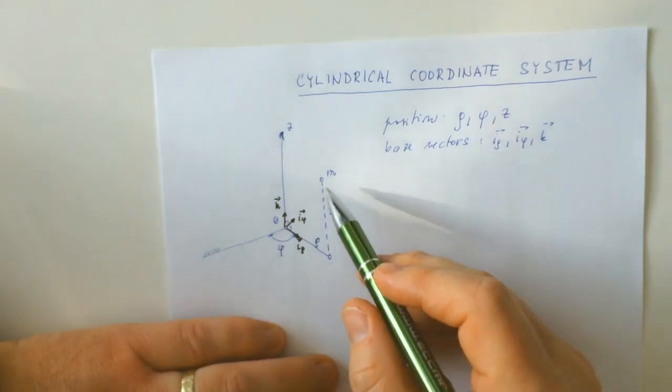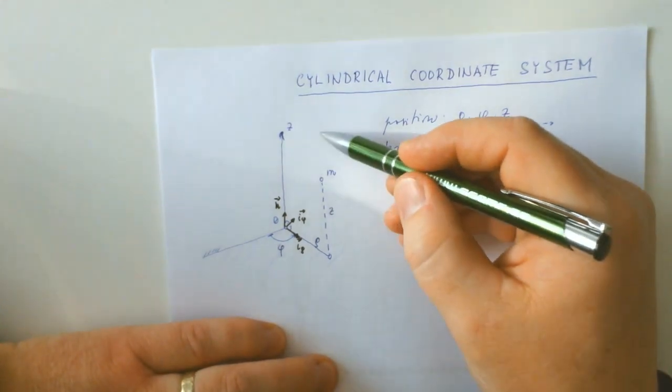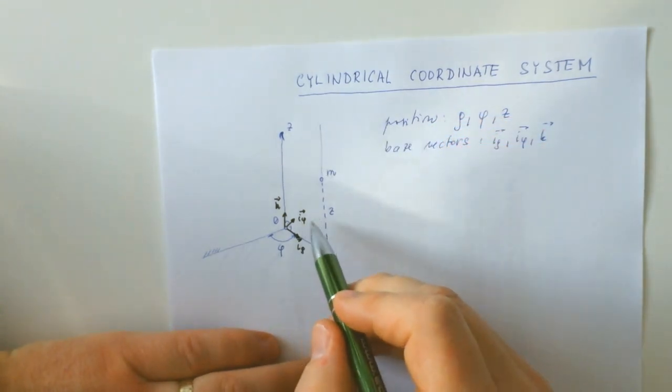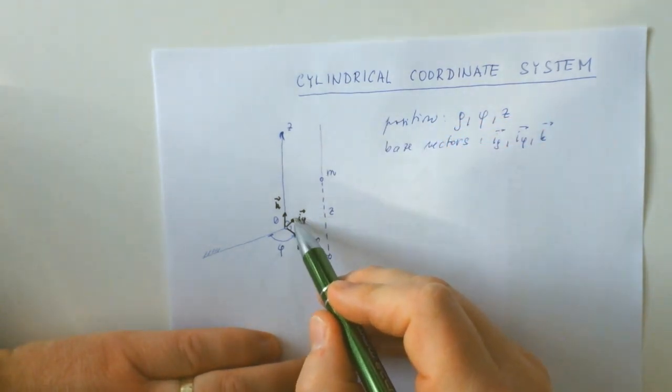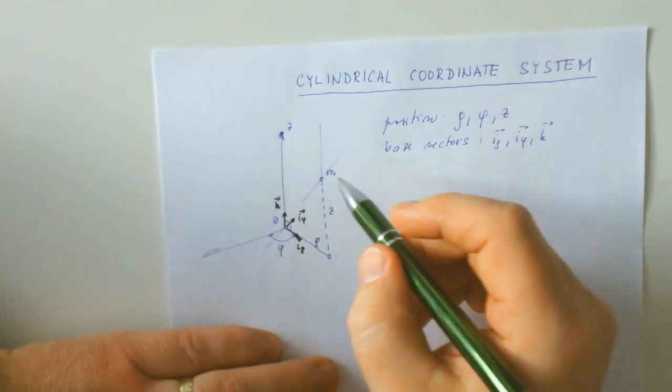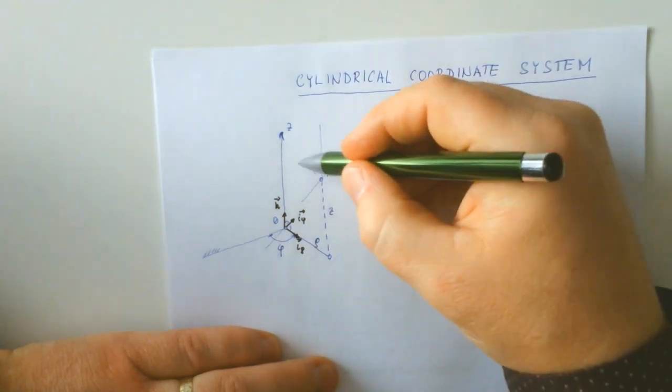So if you want to draw velocity vectors, we need to make parallel lines with the coordinates.